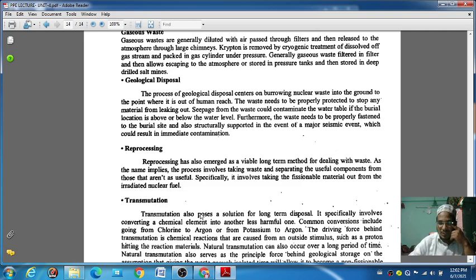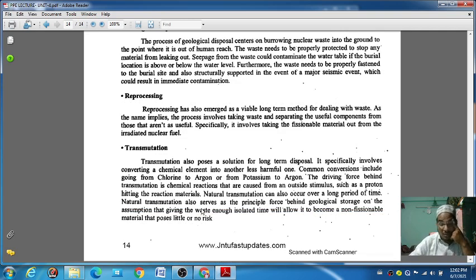And transmutation: sometimes the disposal is not good for a place, so at that time we transport the disposal waste and convert it with the help of different chemicals into a form with less harmful effect on our atmosphere, and then it can be released into the atmosphere. At that time there is no risk.